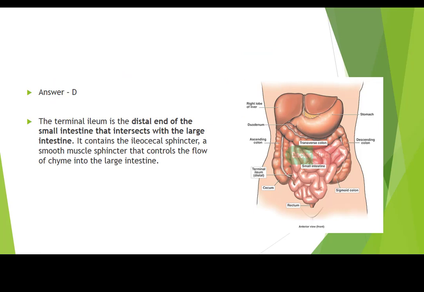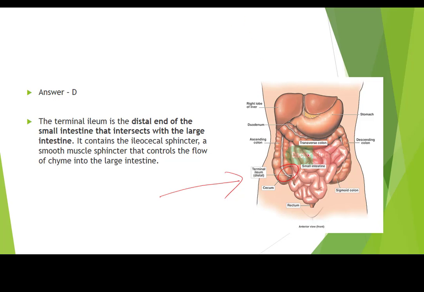Here the parts are mentioned so clearly. There is the terminal ileum, which is called distal. It is the distal end of the small intestine that meets the large intestine. It contains the ileocecal sphincter, a smooth muscle sphincter that controls the flow of chyme into the large intestine.